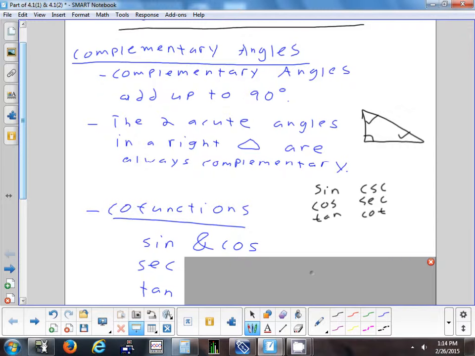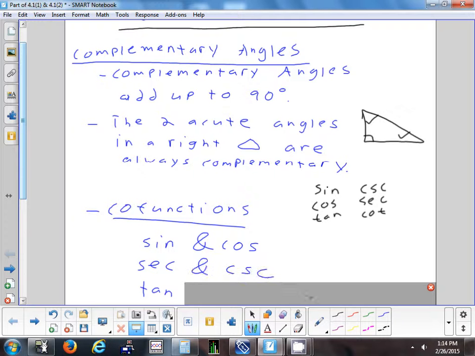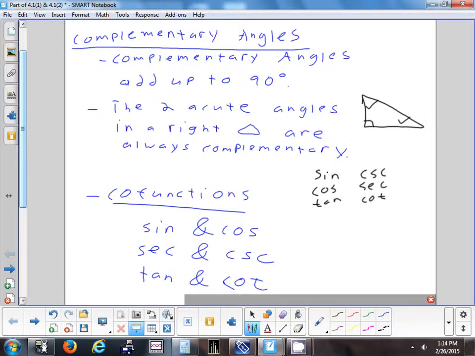Sine and cosine are one pair of cofunctions. How about secant? Secant, cosecant. This is a second pair of cofunctions. And how about tangent? Cotangent. This pairing happens to be the same as the one we learned before, the flipping one. Any questions on these 3 pairs? These are called cofunctions.